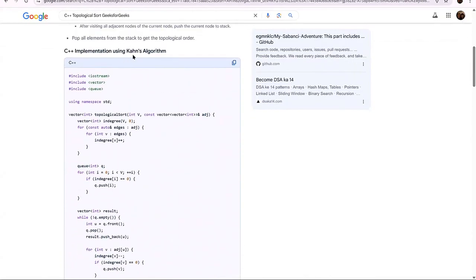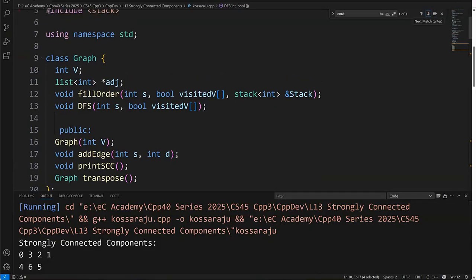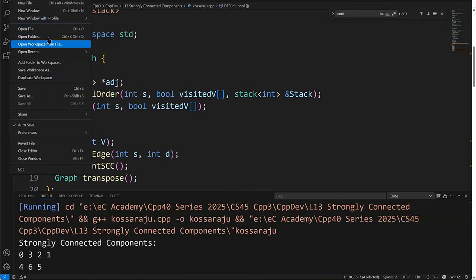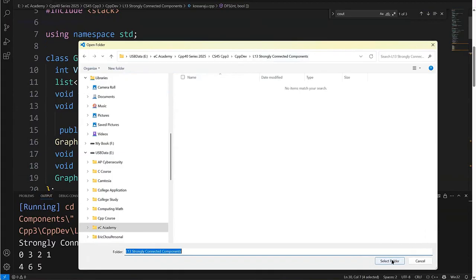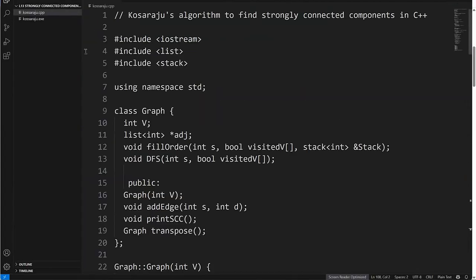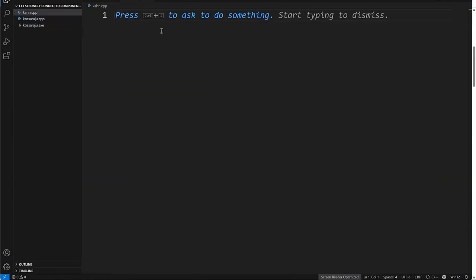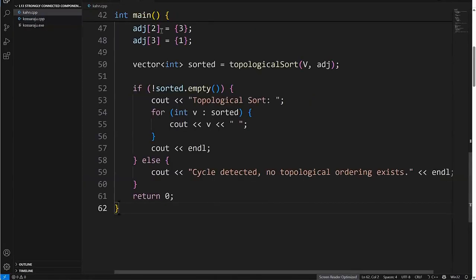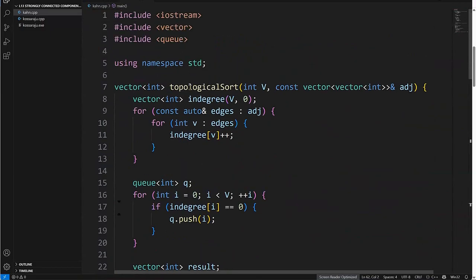It is the so-called Kahn's algorithm, okay? Let's look at this Kahn's algorithm, because it does topological sorting.